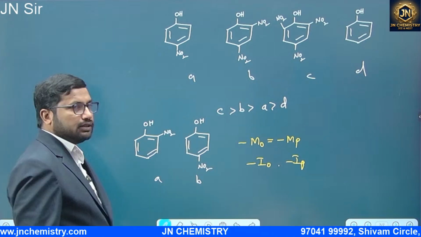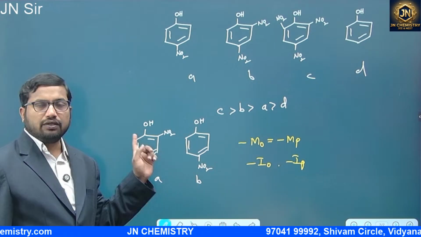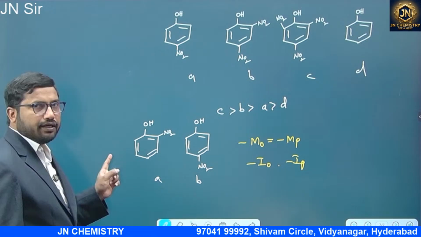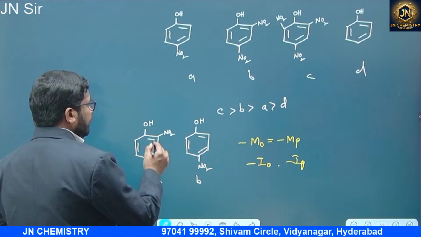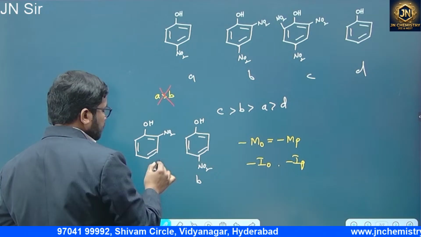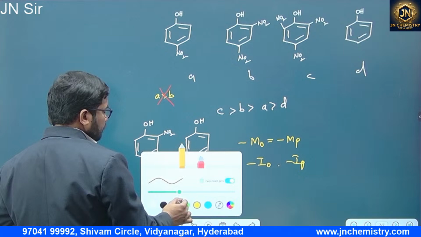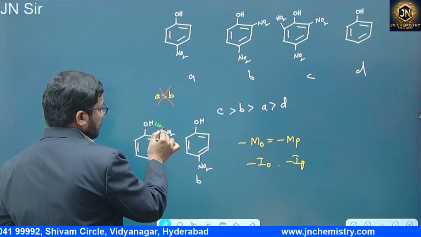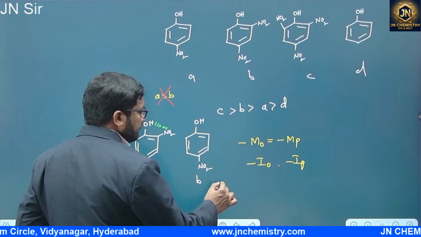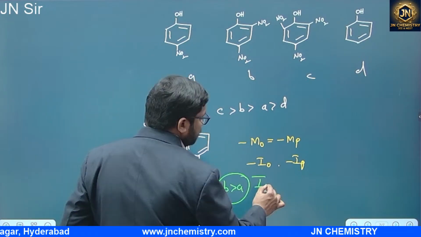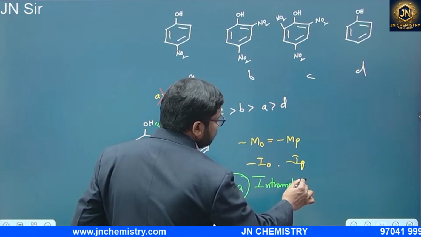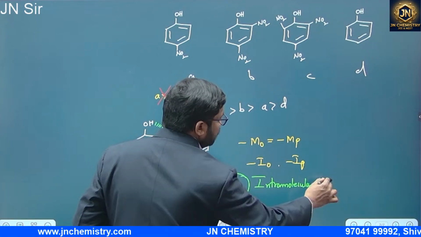So should the minus I nature be close or far away? Which one would be better? Close. Actually, according to our concept, A is greater than B. Yes or no? But it's the wrong answer because of intramolecular hydrogen bonding. Because of intramolecular hydrogen bonding, B is greater than A.